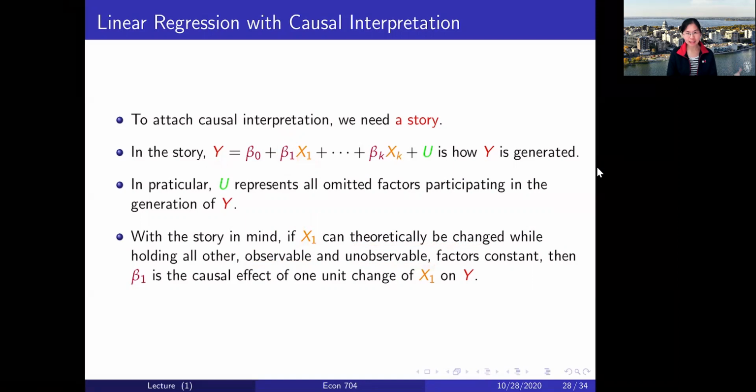In the COVID-19 and Republican governor case, you don't have any of the other x. You only have one x, which is the party affiliation of the governor, but you also have the u.